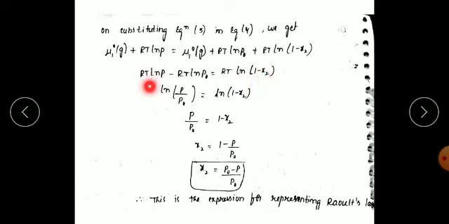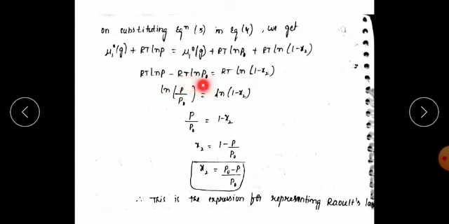Then we take RT common on both terms, and we get RT into (ln P minus ln P naught). On both the left hand side and right hand side we cancel the RT term. Then we get ln P minus ln P naught.